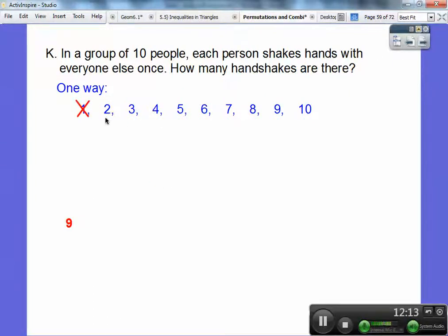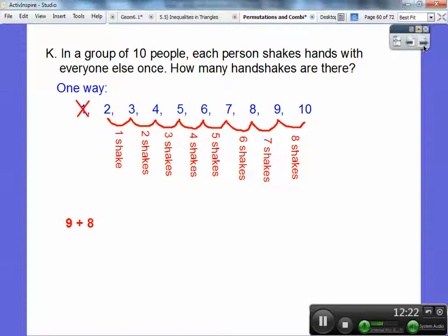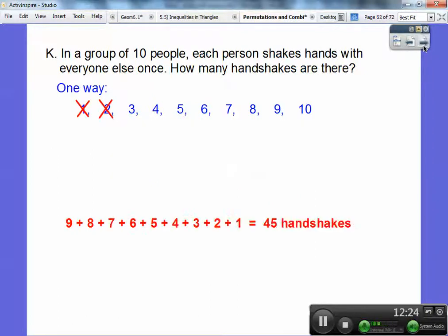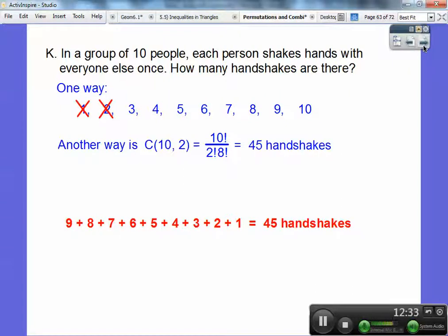And then number 2 goes through and shakes hands, 1, 2, 3, 4, 5, 6, 7, 8. And so on, and then they keep going down. So there ends up being, plus 7, plus 6, all the way down to plus 1, 45 handshakes. Or you can figure out that this is a combination because order doesn't matter: 10 people choosing 2 at a time, and you get 45 handshakes that way.